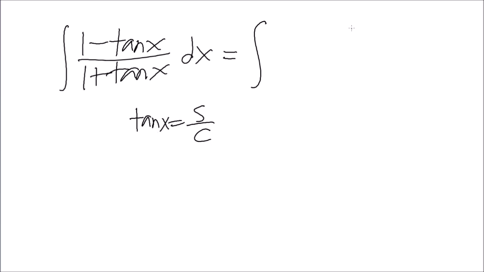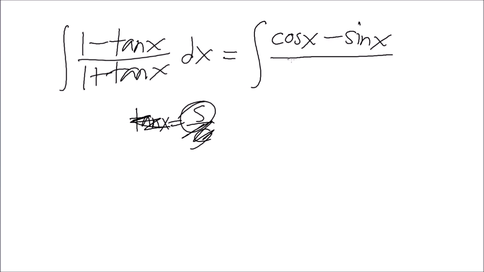If I multiply cosine top and bottom, then we simplify it in terms of sine of x. So this becomes cosine of x minus sine of x, over cosine of x plus sine of x.